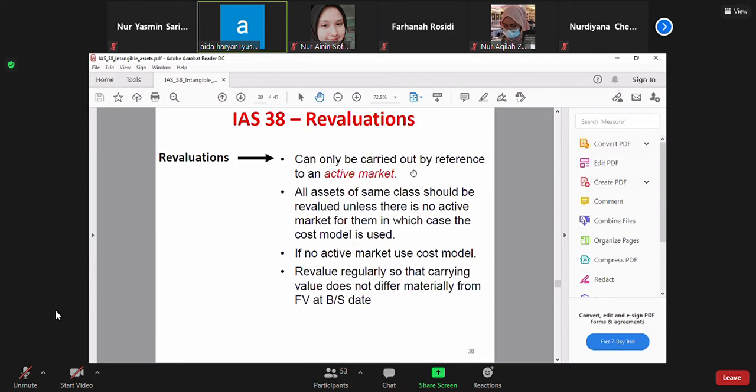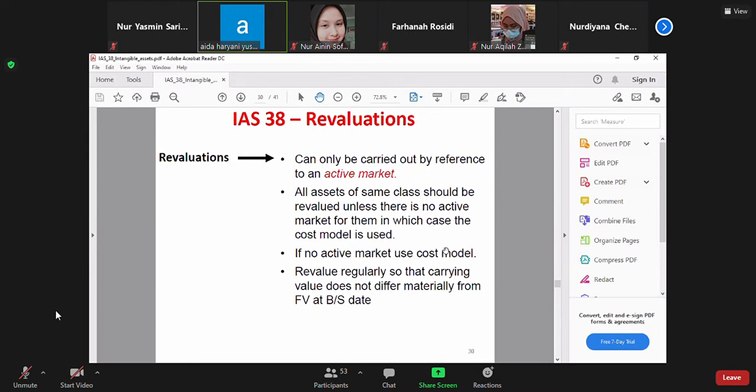Contohnya the brand. And then when you did the market survey tadi tu, all assets of same class should be revalued unless there is no active market for them, in which case the cost model is used. So macam if let's say the brand untuk intangible asset itu saja.